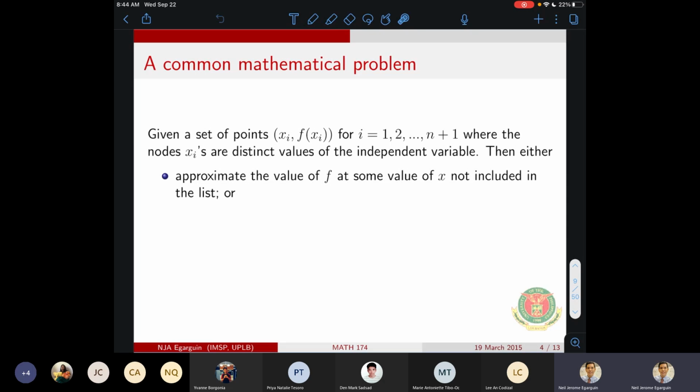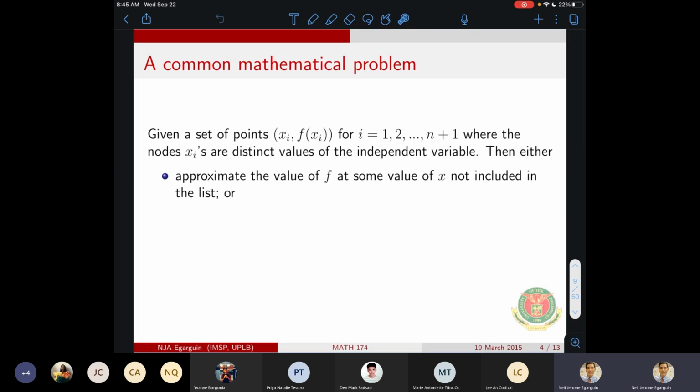So gusto nating malaman ano yung value ng function labas dun sa data point. Katulad dun sa epidemic problem, I want to have a weekly breakdown of data, pero hindi given yung number of casualties at t equals 7, 14, 21, until 98, kasi apat lang binigay na data points.